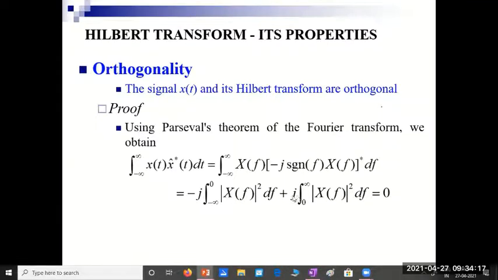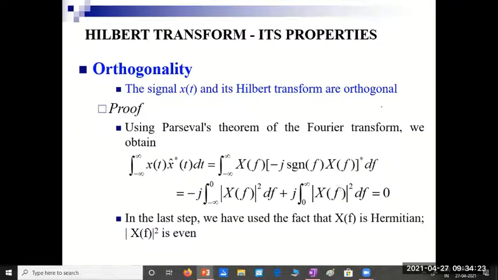So for positive frequencies, you will get this value. For negative frequencies, you get this. So we have also used the condition that x of f is Hermitian, which means that x of f square is even. Anyway, we'll not bother too much about this.